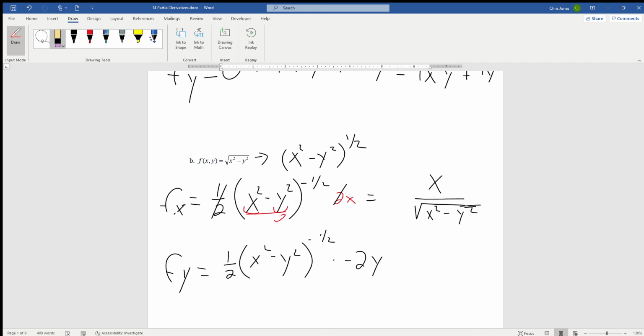I do apologize. It should be positive for the x up there. Okay, so sorry about that. And then finally, we're going to simplify this. 1/2 and 2 cancel out. And then negative y over square root x squared minus y squared. And that's going to be our partial with respect to y.